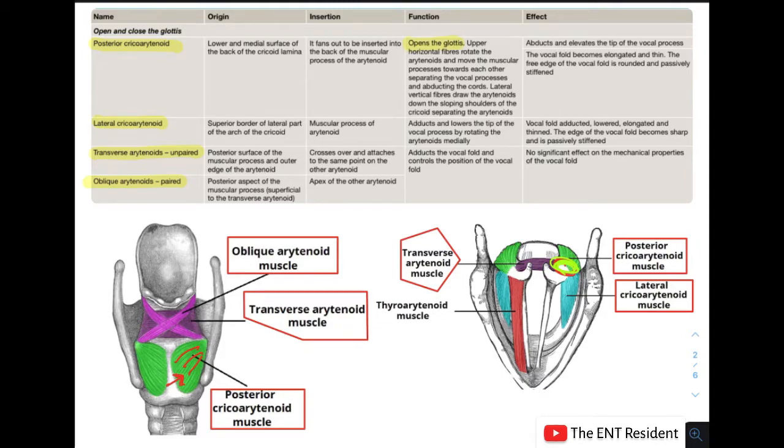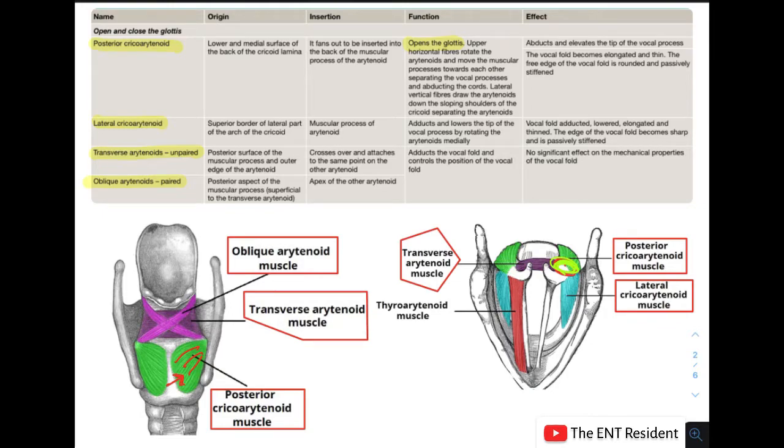The upper horizontal fibers rotate the arytenoid and move the muscular processes towards each other, and therefore help in separating the vocal processes and abducting the cords. Whereas the lateral vertical fibers draw the arytenoids down the sloping shoulders of the cricoid and help in separating the arytenoids. Now as I was telling you, these muscles have some effect on the vocal fold as well.